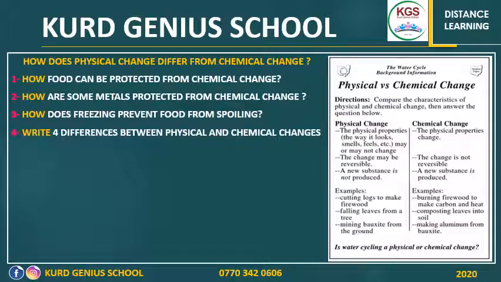The second one, how are some metals protected from chemical change? You have a metal, your bicycle for example, or different types of toys, and how can you protect them from chemical change? And the third, how does freezing prevent food from spoiling? Guys, please solve these questions and send me back your answer.